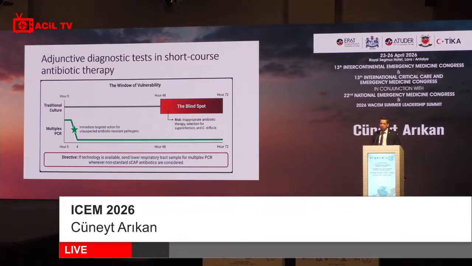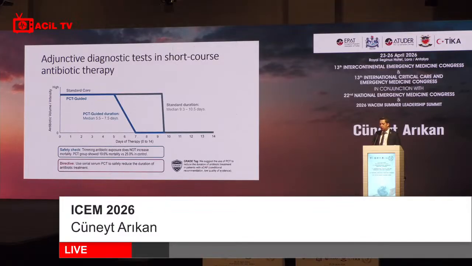The new recommendation is using a multiplex PCR, to immediately target infection for unsuspected antibiotic-resistant pathogens. If the technology is available, send a lower respiratory tract sample for multiplex PCR whenever non-standard severe pneumonia antibiotics are considered.